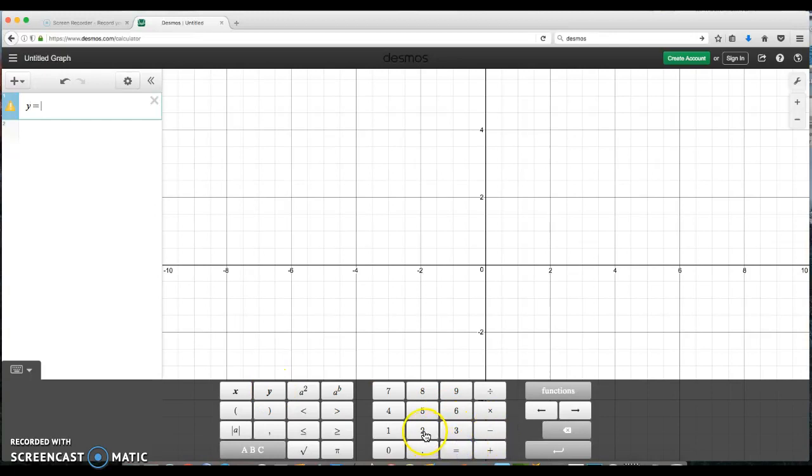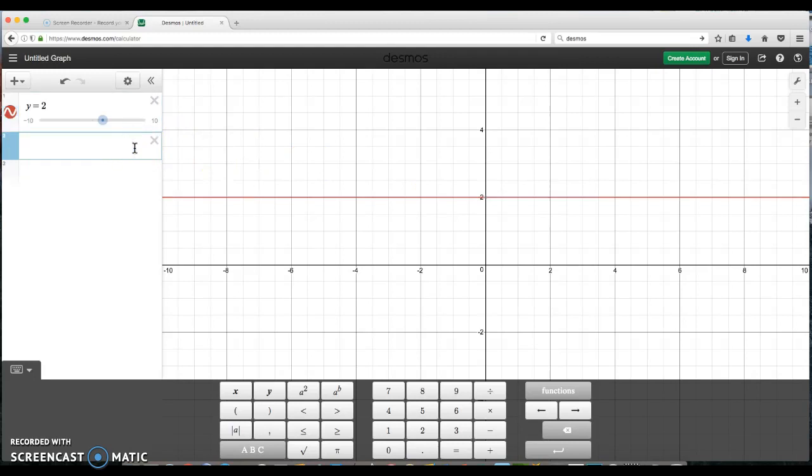Now we see our line pop up along 2 for y. If we follow this back to where x is 0, we find our y-intercept: 0 for x, 2 for y.